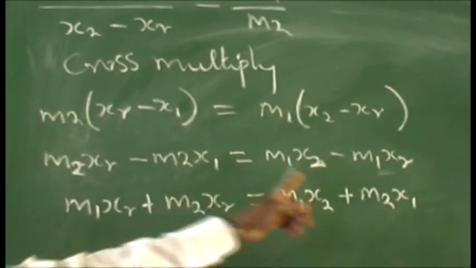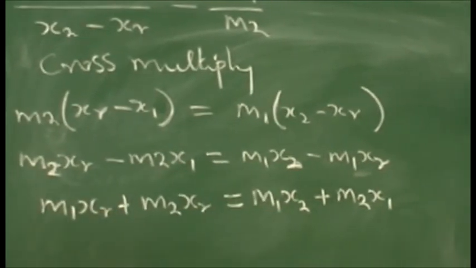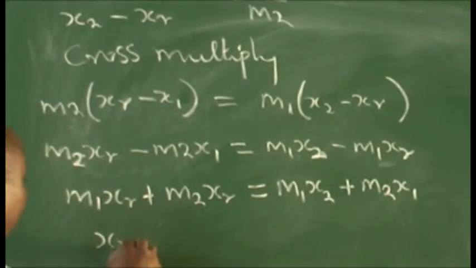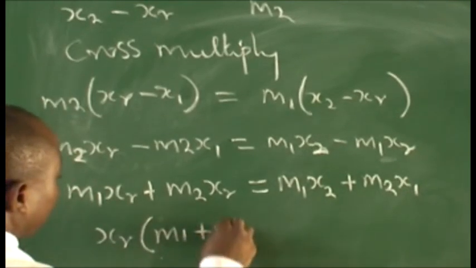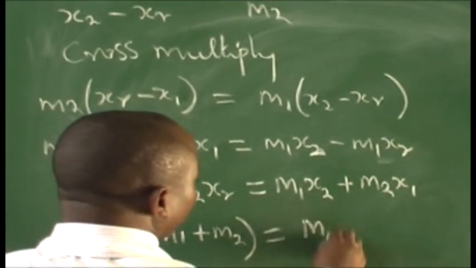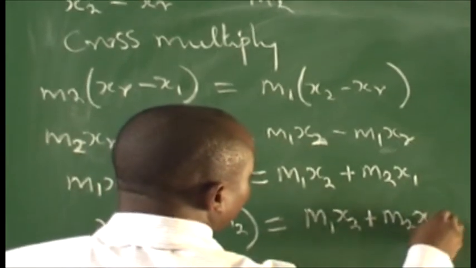This one is going the other way, and this one is coming this way. Now, here I can factor out SR, so that we have M1 plus M2 times SR, which is the same as M1 S2 plus M2 S1.